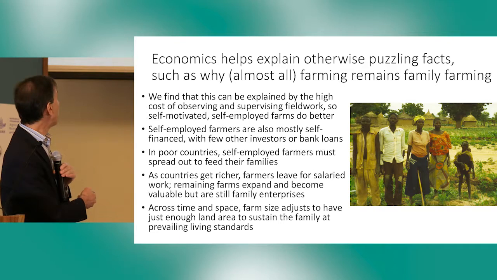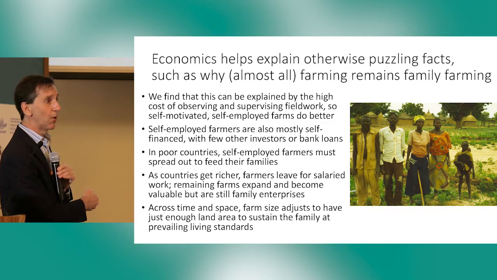If the society gets rich, and we're about to see how Ghana has gotten to the stage of magnificent hotels like this one, a relatively affluent country in Africa, able to have the extraordinary airport that we came into, and all of the street lights and other amenities of urban Accra, Ghana became quite prosperous for reasons we'll talk about in the course of the time. But people leave farming and move into salaried work, into employee work with bank loans and other investors.